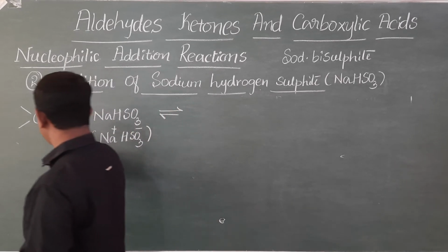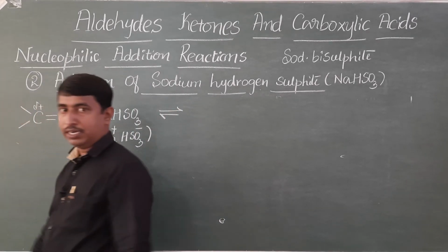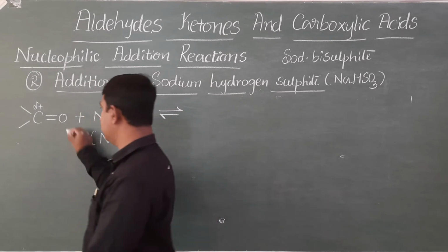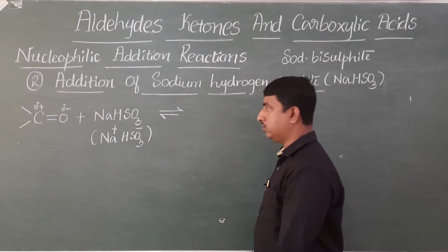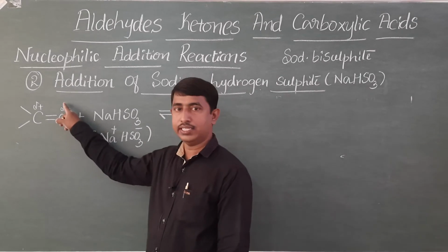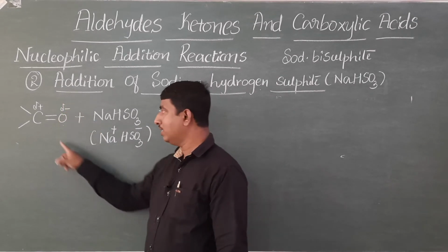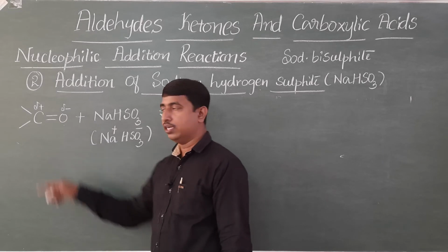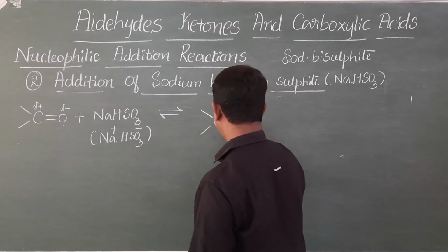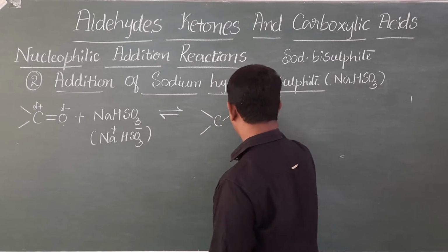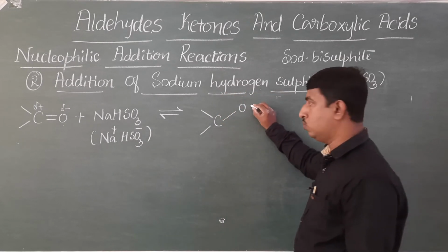In the carbonyl group, carbon carries partial positive charge, oxygen carries partial negative charge. So since oxygen carries negative charge, Na plus will be added across oxygen. The intermediate formed will be like this: O becomes ONa.